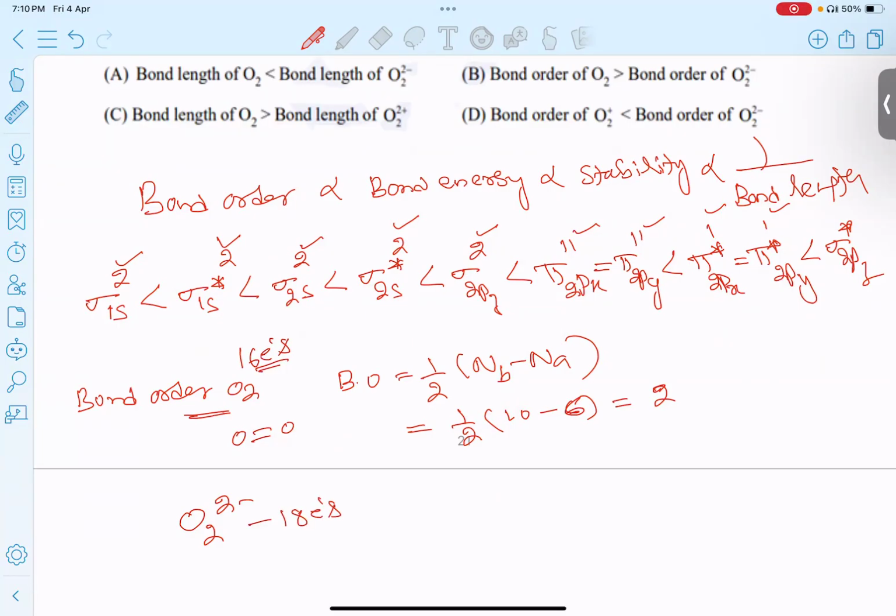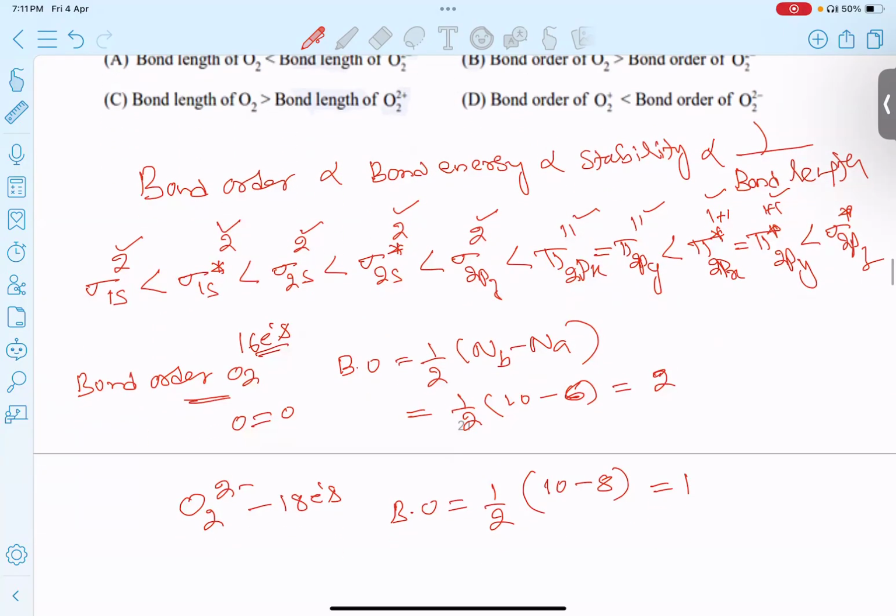So to calculate the bond order for O2 2 minus, just add 2 electrons to the anti-bonding molecular orbitals pi star 2px and pi star 2py, plus 1, plus 1. The electrons in bonding orbitals remain the same, 10. Electrons in anti-bonding orbitals are 8. Therefore, the bond order of O2 2 minus is 1.